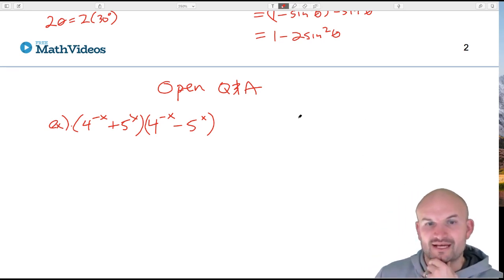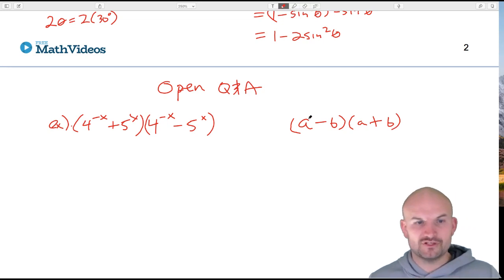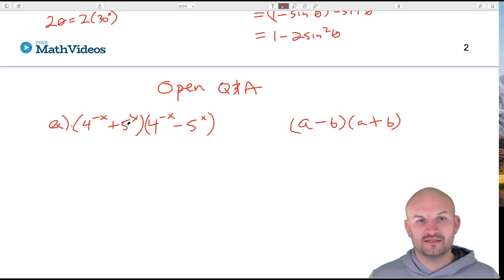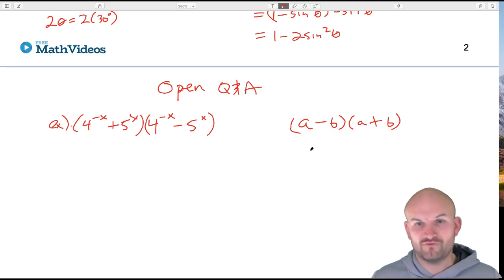But hopefully you guys recognize that this is just in the form of a minus b times a plus b, right? The first two terms are exactly the same. The last two terms are exactly the same. The only difference is one's positive and one's negative. So therefore, you could multiply these out using FOIL, but in reality, all we're going to do is a squared minus b squared.